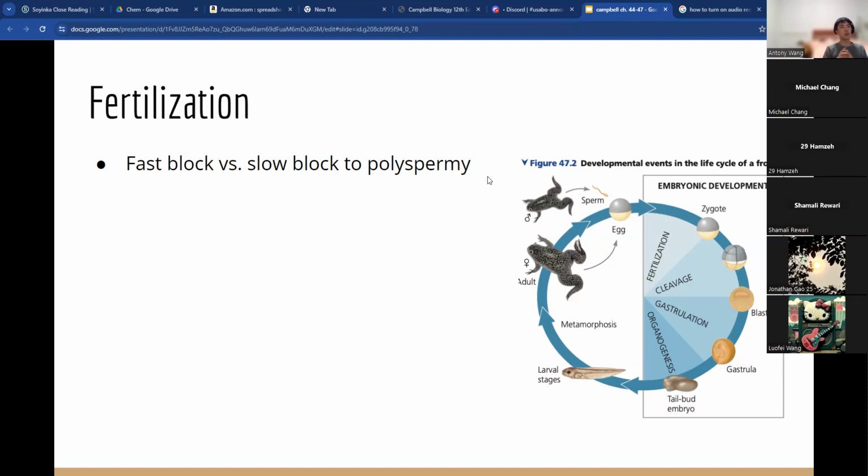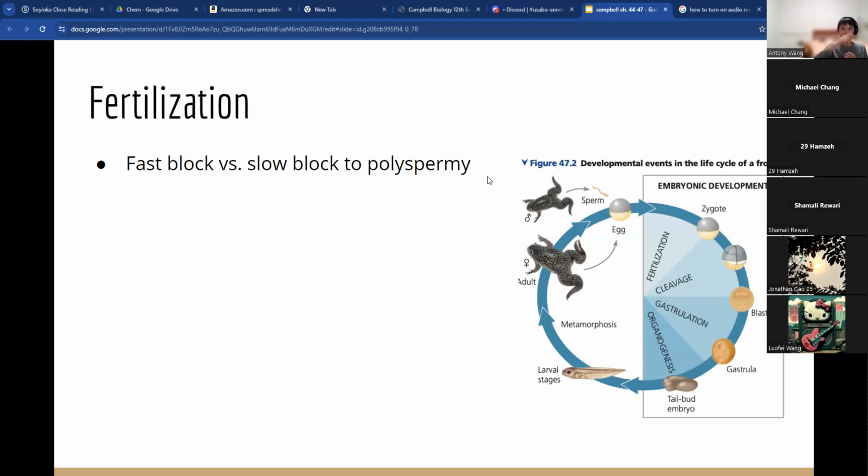Now, what's the slow block? In frogs, there is a slow block in which the outer layer of the egg lifts outwards, right? It creates a space, and a bunch of cortical granules, these cortical vesicles filled with calcium, explode into that space and basically fill the vitelline layer with a hard calcium covering.